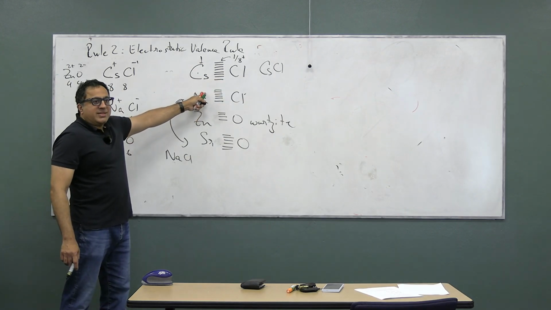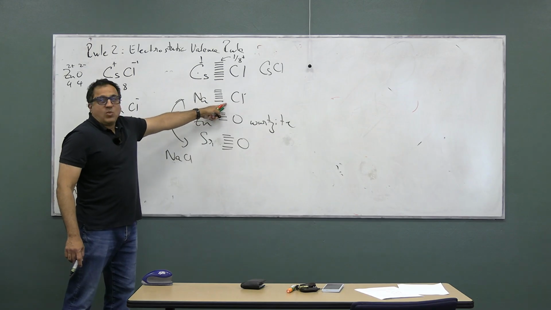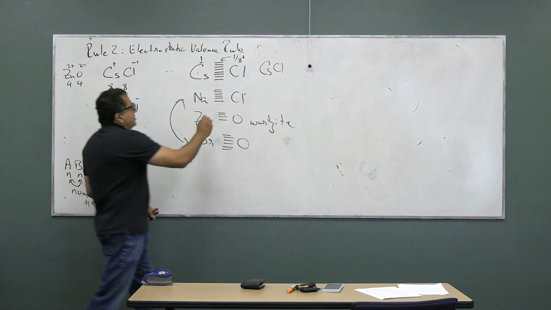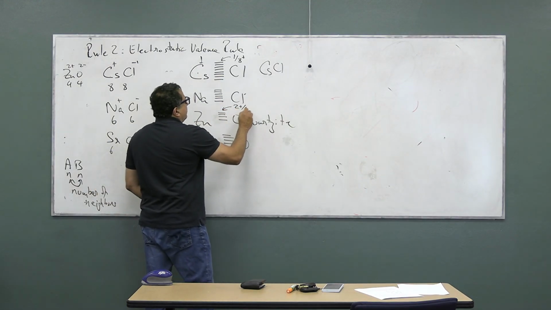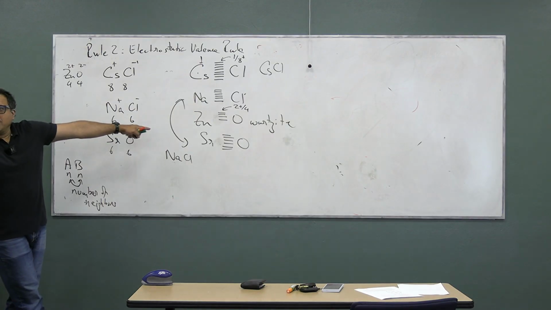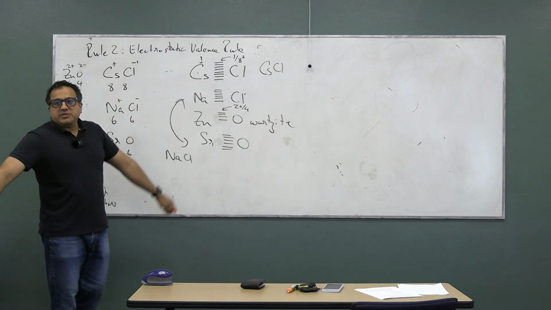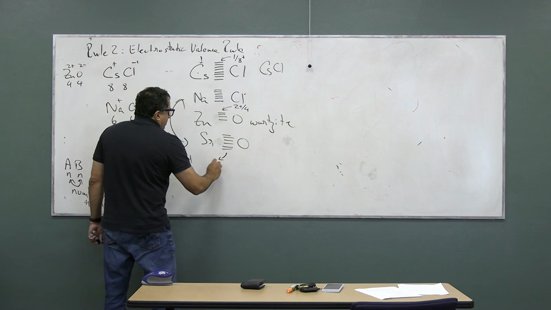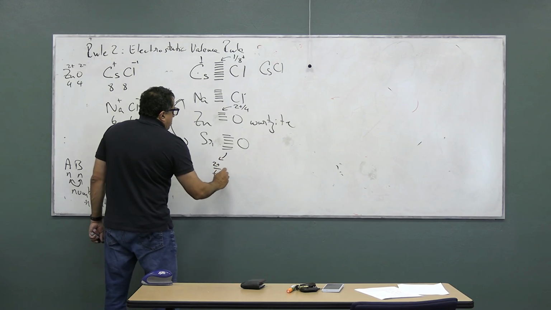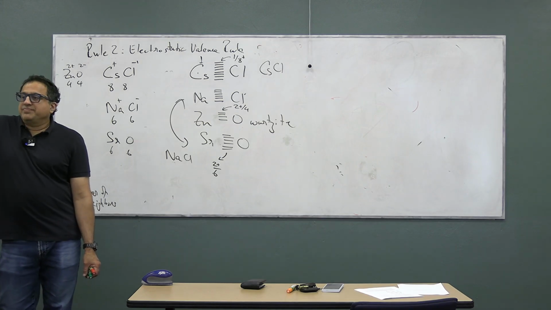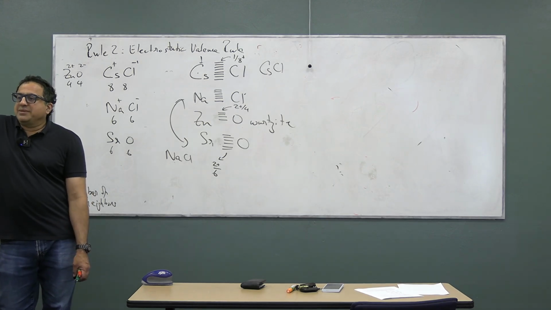Sodium, each of these is 1/6. 6 times 1/6 is 1, and the chloride is happy. Zinc is 2 plus, each of these is 2 plus over 4. 4 times 2 plus over 4 is 2, and oxygen is happy to take 2 electrons from zinc. Strontium is 2 plus, each of those lines is 2 over 6. So 6 times 2 over 6 is 2 again, and the oxygen is happy.